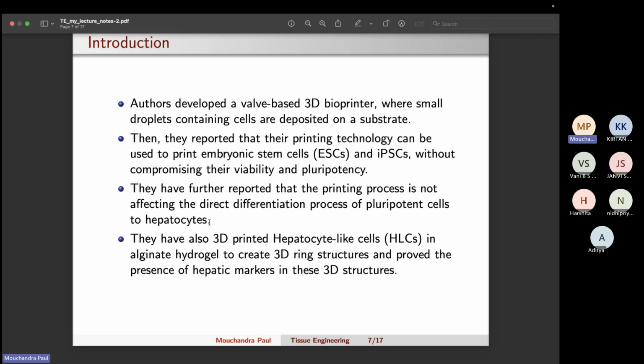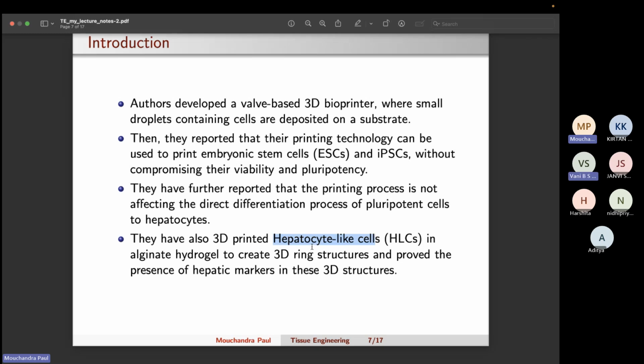So they have developed a cell culturing protocol, which ensures the differentiation of pluripotent stem cells to hepatocytes. And they want to see whether the 3D bioprinting process is causing any changes in the differentiation or not. Then they have used a biomaterial called alginate to make a bioink containing these hepatocyte-like cells.